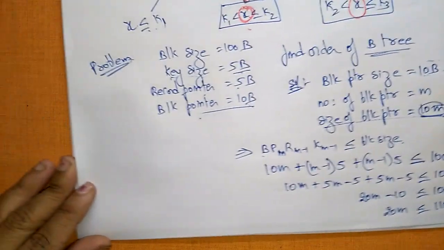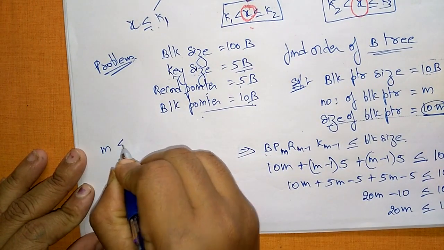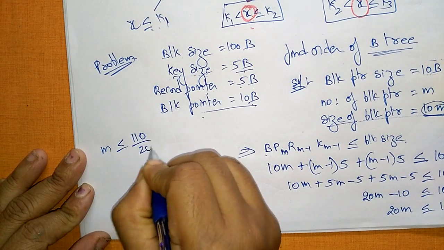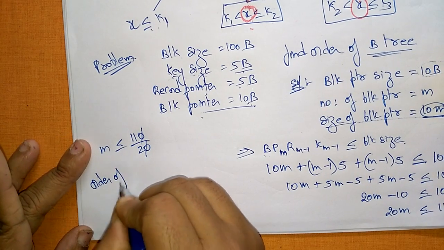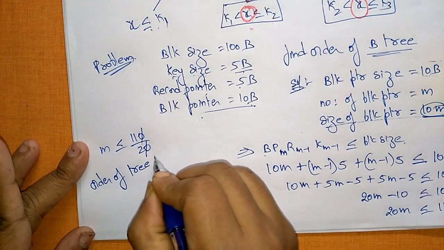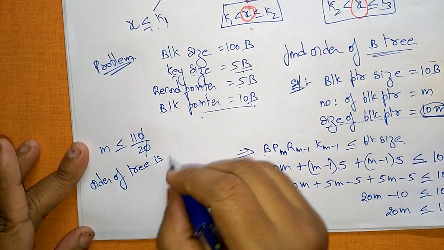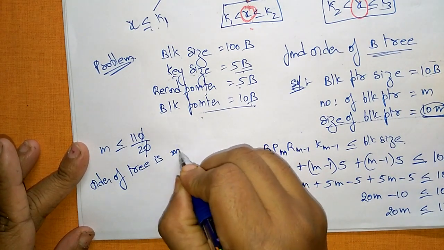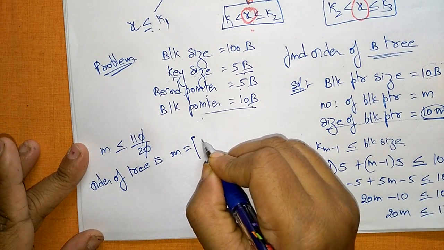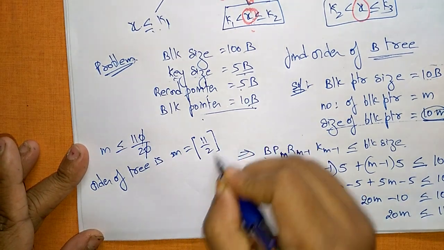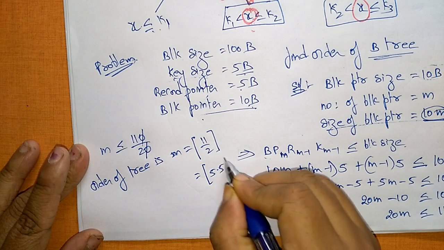So M is less than or equal to 110 by 20, and the zeros cancel. Now the order of the B tree, M, is the ceiling of 11 by 2, which is the ceiling of 5.5.